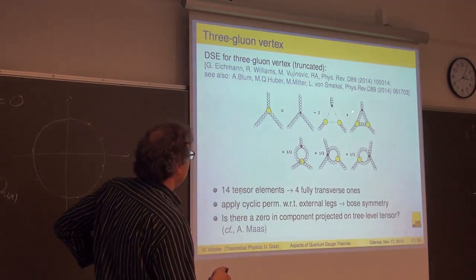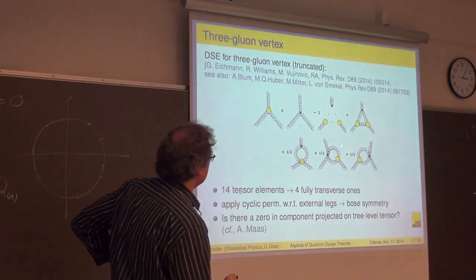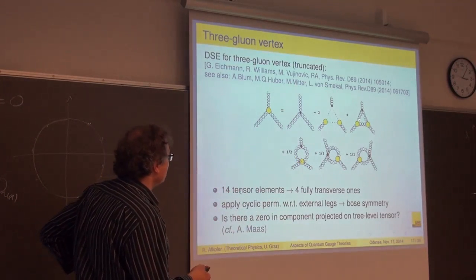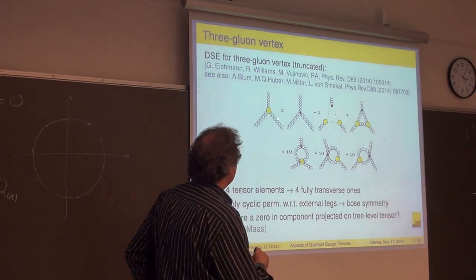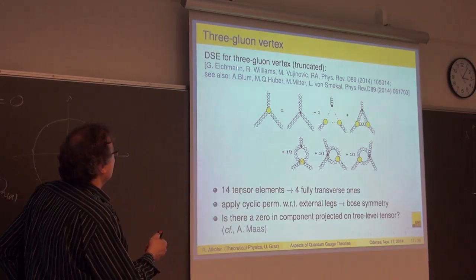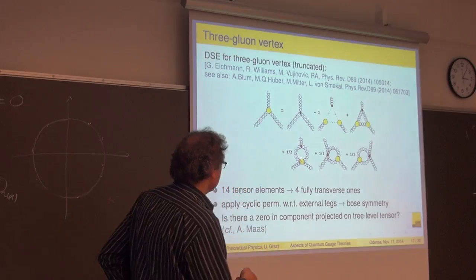And then we simply count infrared dominance in the scaling solution and ultraviolet dominance in perturbation theory. And this leads us to the fact that a closed system of equations for the Dyson-Schwinger equation for the three-gluon vertex needs to contain at least this element.